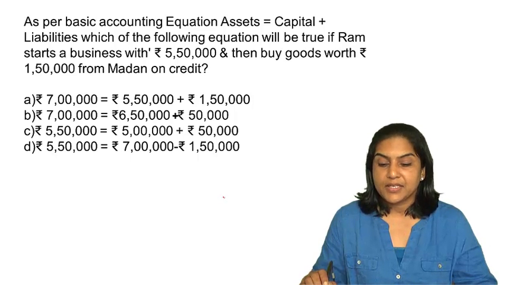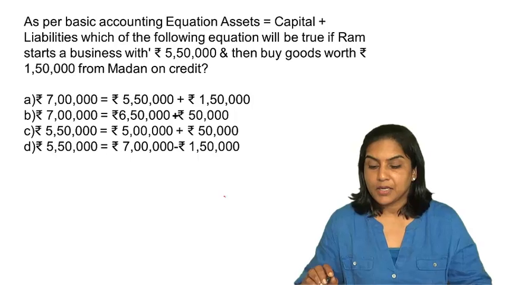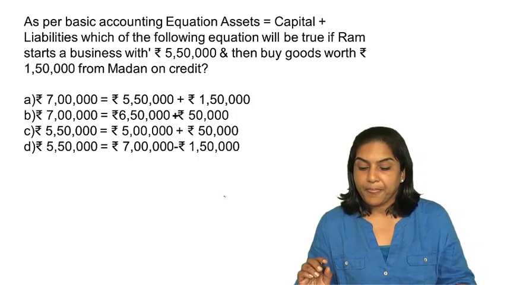B. 7 lakh assets equal to 6,50,000 capital and 50,000 liability. C. 5,50,000 assets, 5 lakh capital and 50,000 liabilities. And D. Assets 5,50,000, capital 7 lakh, liabilities 1,50,000.